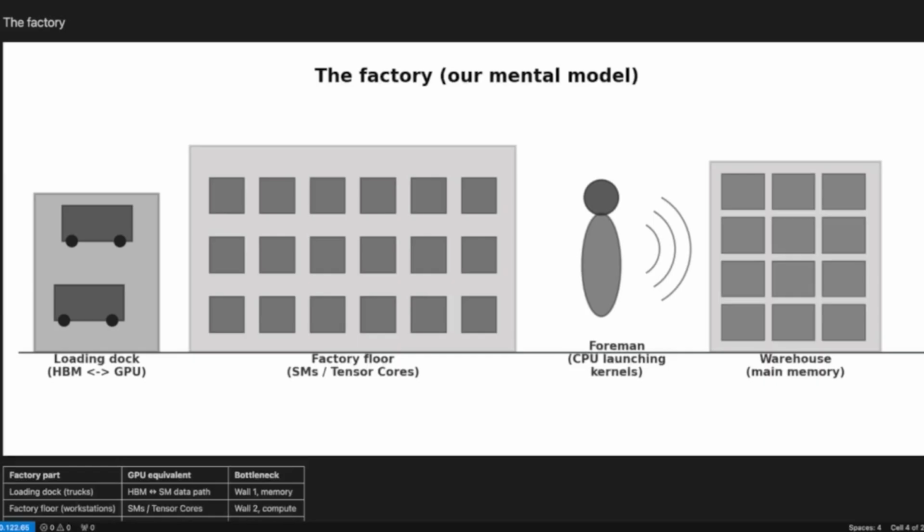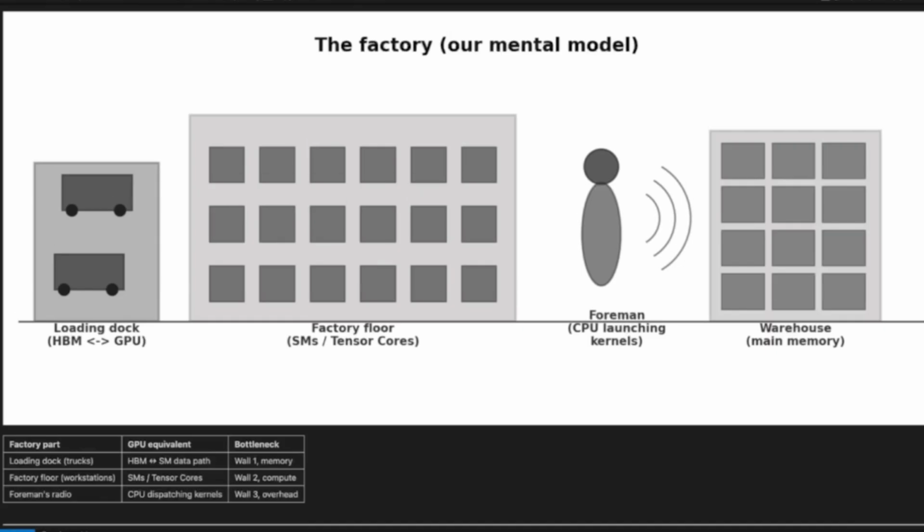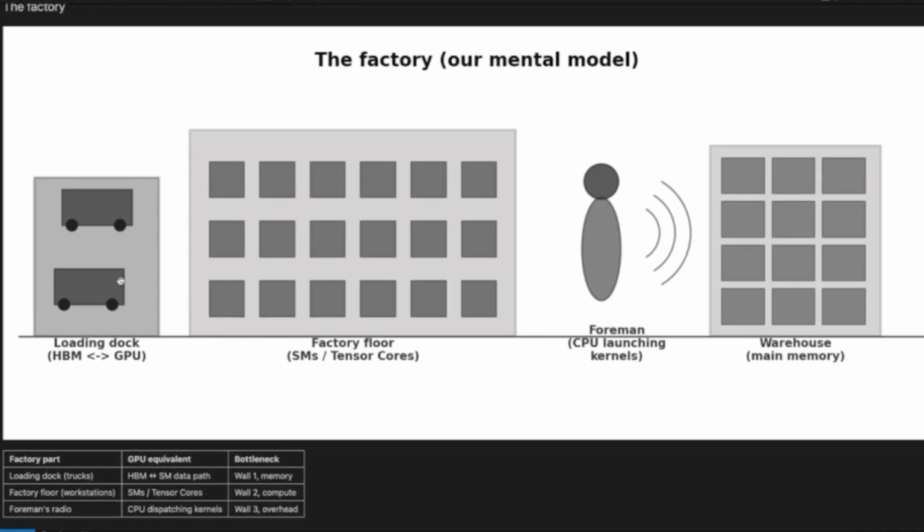And then finally, you have the foreman, who is basically radioing in what to do to the factory floor. So the foreman, which is the CPU, is launching kernels and telling the factory floor exactly what to do with the data it has received. Throughout the talk, I'm going to be highlighting each of the sections here in red, depending on what the bottleneck is: memory, compute, and overhead.